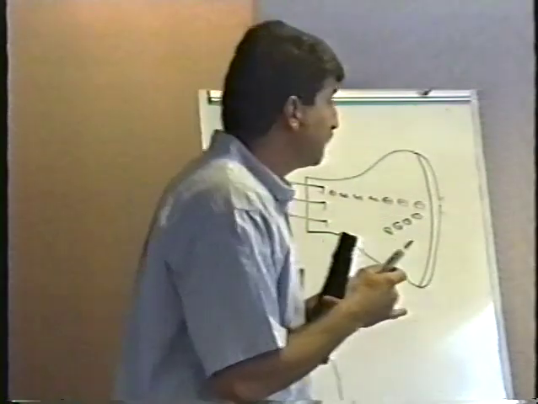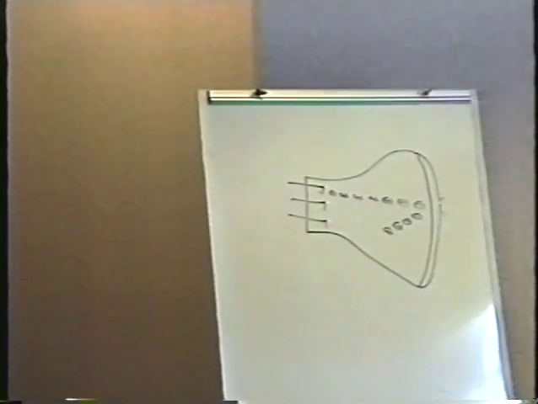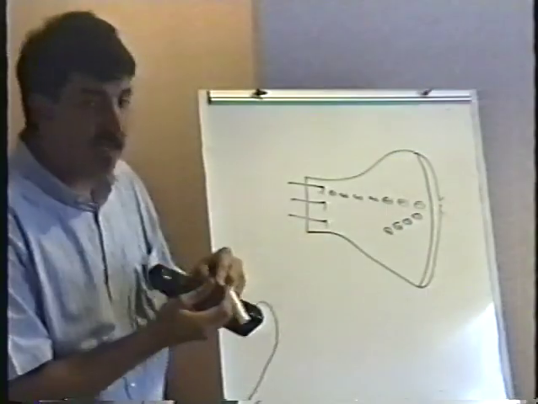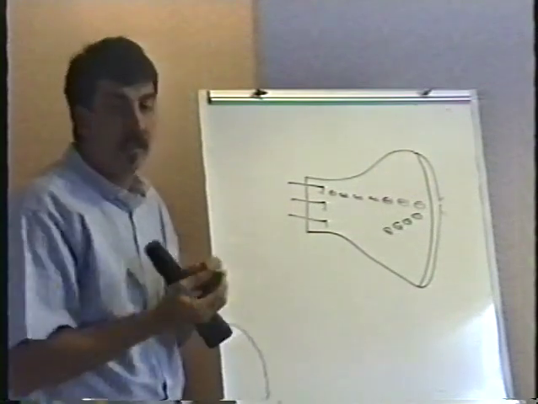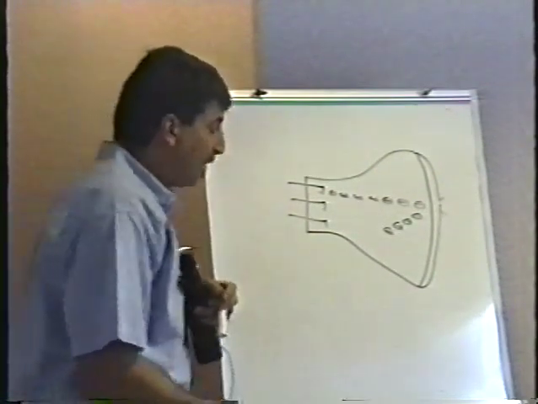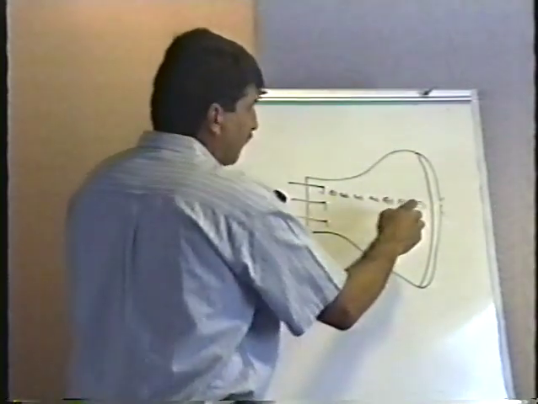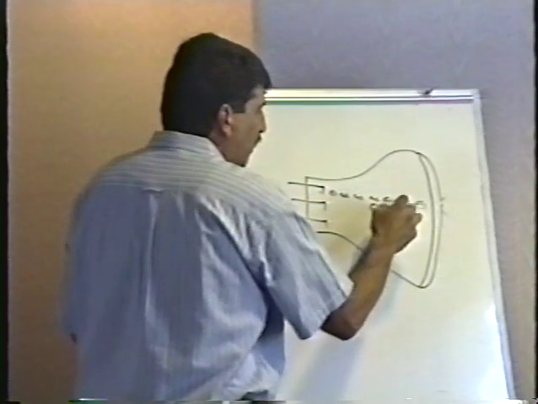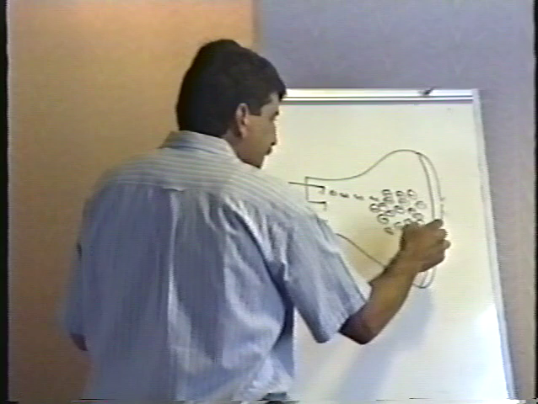But we can't allow those guys to stay in there because remember that similar charges repel each other. Just like with magnets, if I try to put 2 of the same pole of a magnet together, they repel each other. Same thing's going to happen here. If I allow these electrons to stay inside here, they're going to form a negatively charged cloud down here in the bell of the picture tube.